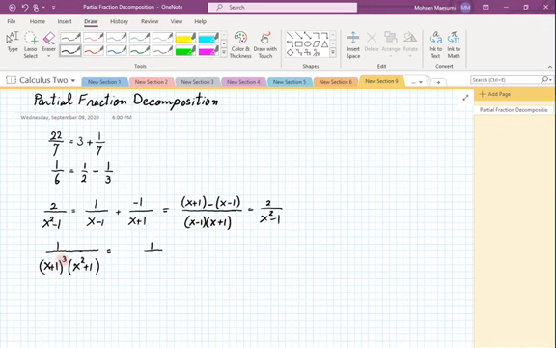Well, we look at this factor, (x plus 1) cubed. And on the right hand side, I could have just x plus 1, or (x plus 1) squared, or (x plus 1) cubed. So any of these things could have been here. Now I don't know how much of each of them would be needed, but it's possible that all of them are showing up on the right hand side.